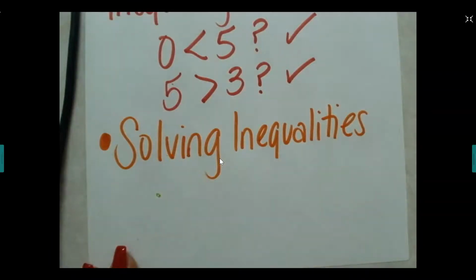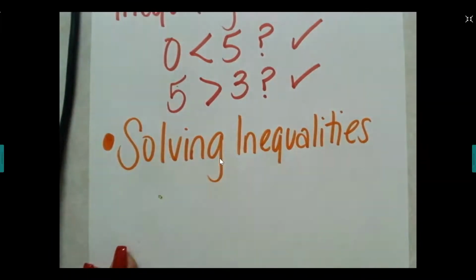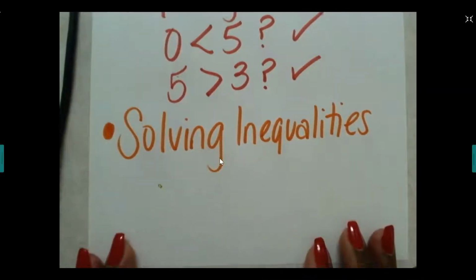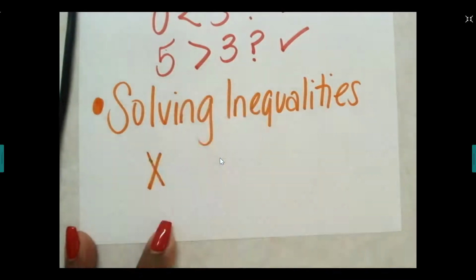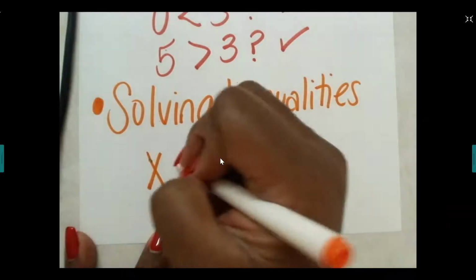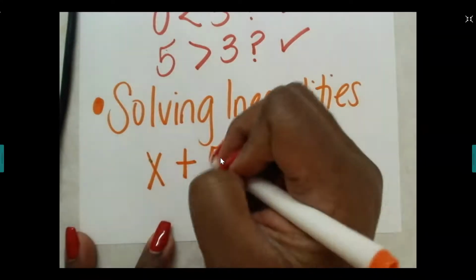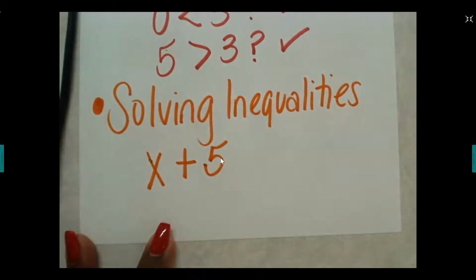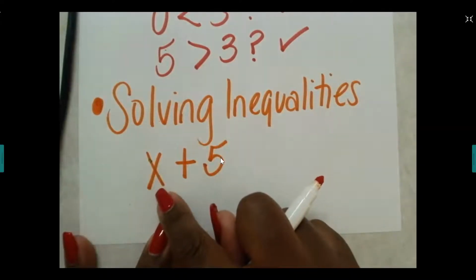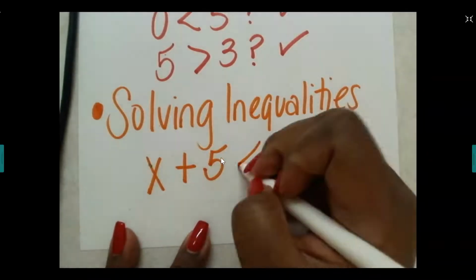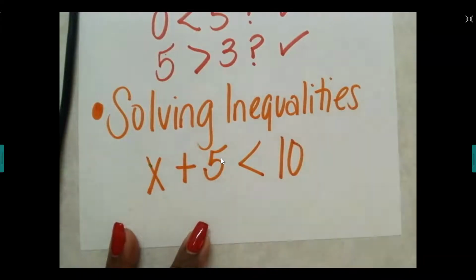I want to think about a variable, an addition sign, and 5. And I want to say here, a number, remember a variable just represents a number we don't know yet. A number plus 5 is less than 10.